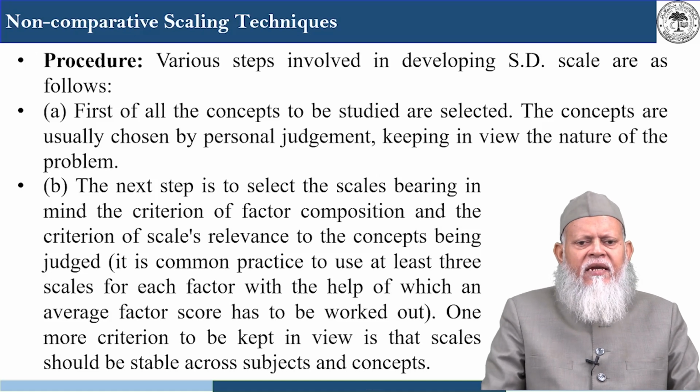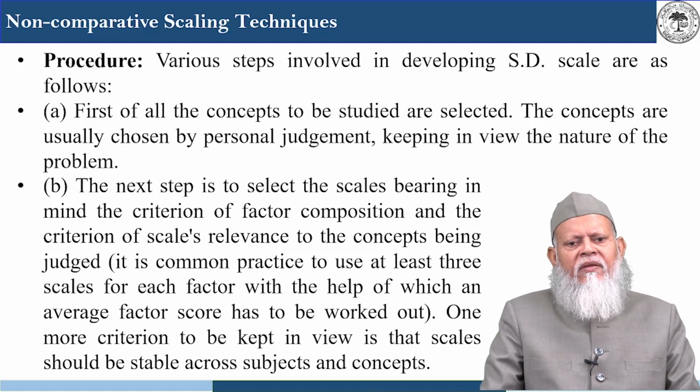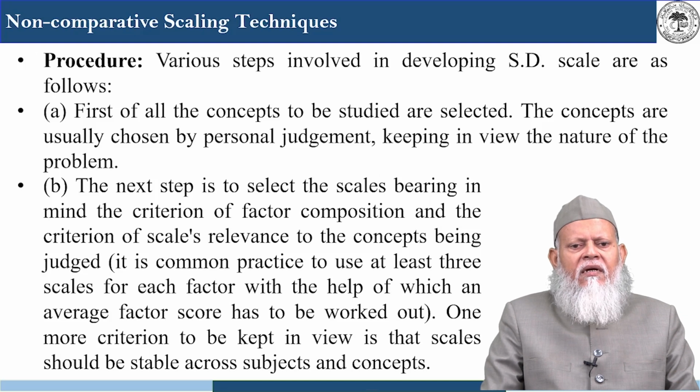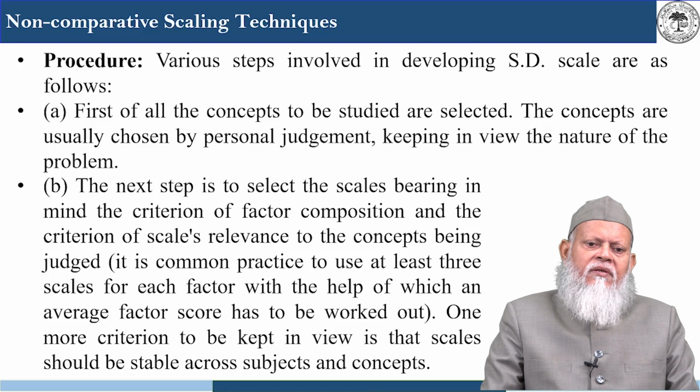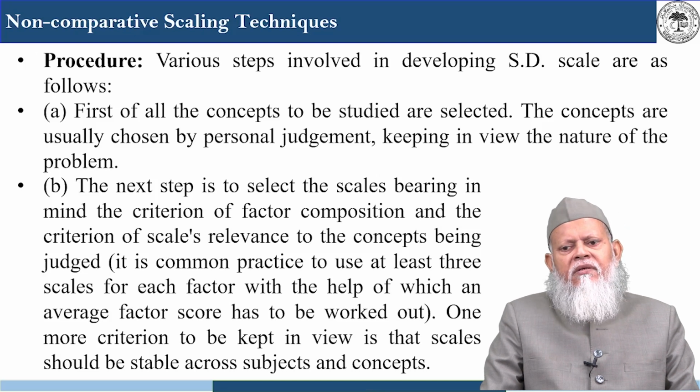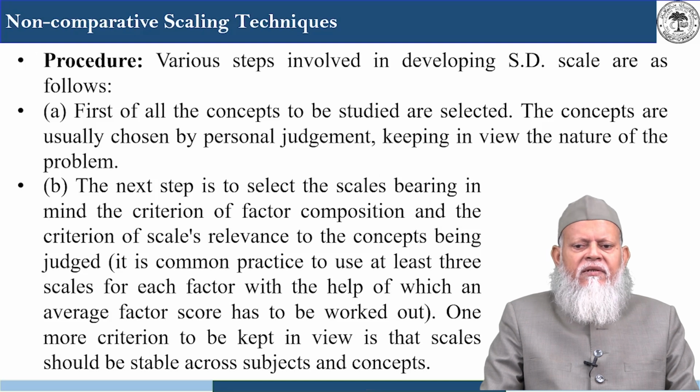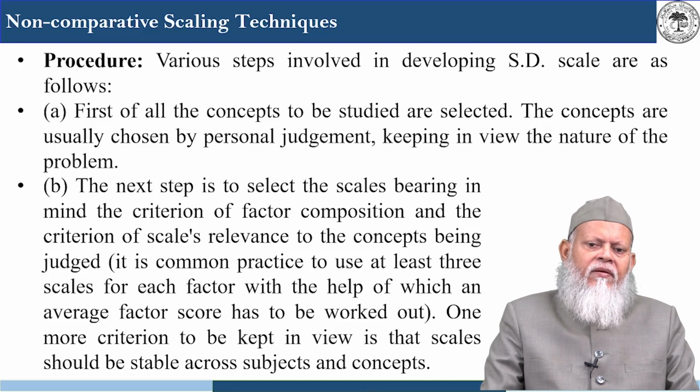So, what are the procedures? The various steps in developing the semantic differential scale are as follows. Number 1, first of all, the concepts to be studied are selected. The concepts are usually chosen by personal judgment, keeping in view the nature of the problem.